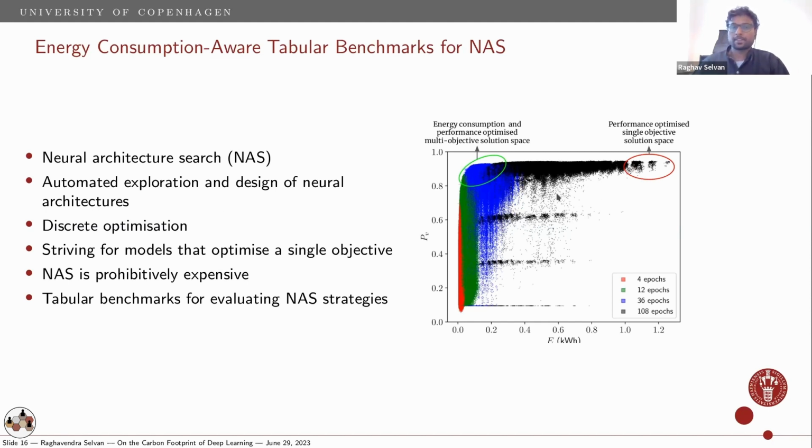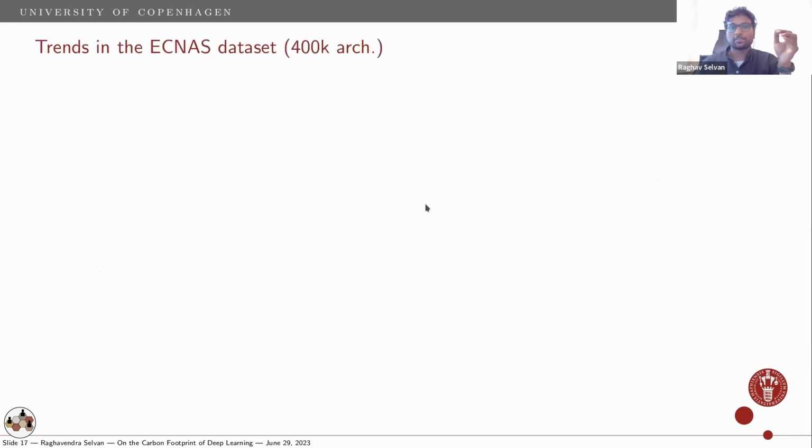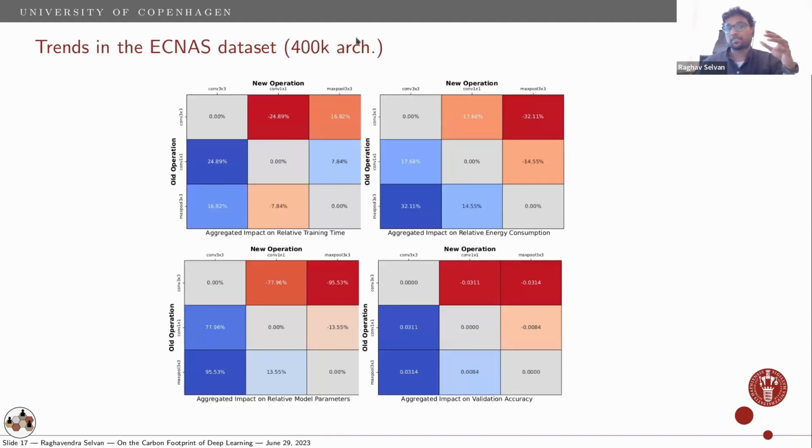And as soon as we made this data set, we started seeing what happens, why is it that this model is so expensive and this is not? So this space has about 400,000 architectures. And this is just to say that if you take some operations in a neural network, those of you who've used neural networks might know that there are these convolution operations, and you can have a kernel of size 3 by 3, or you can reduce the kernel size to 1 by 1, and proportionally that would reduce the number of parameters.